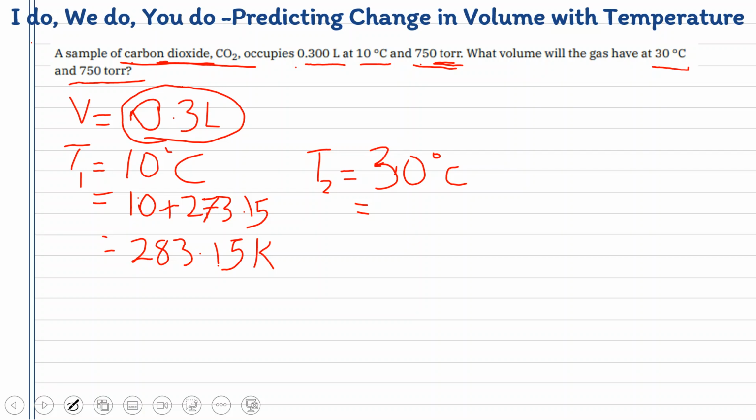Do the same thing to this one here. We're going to have 30 plus 273.15. Right?